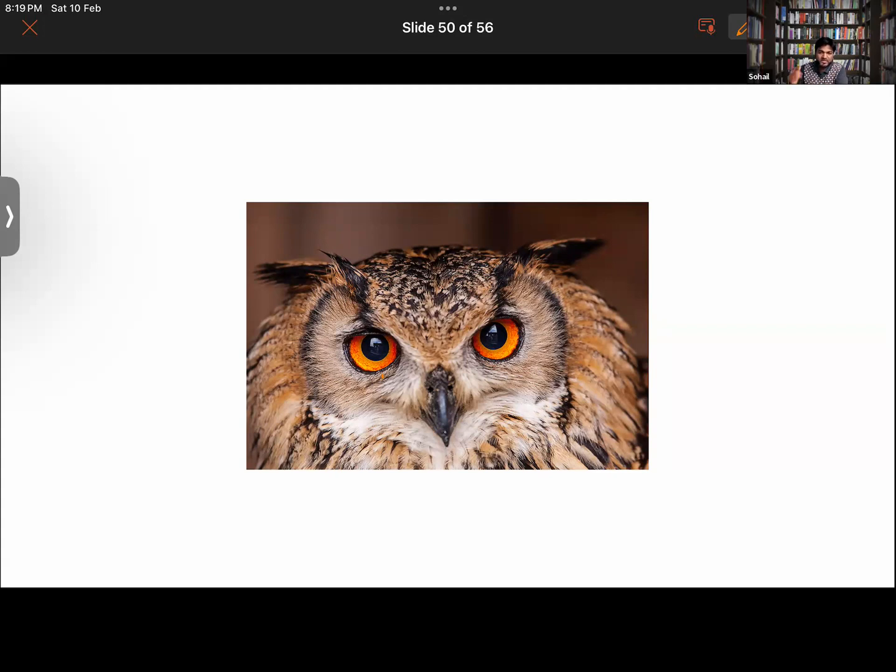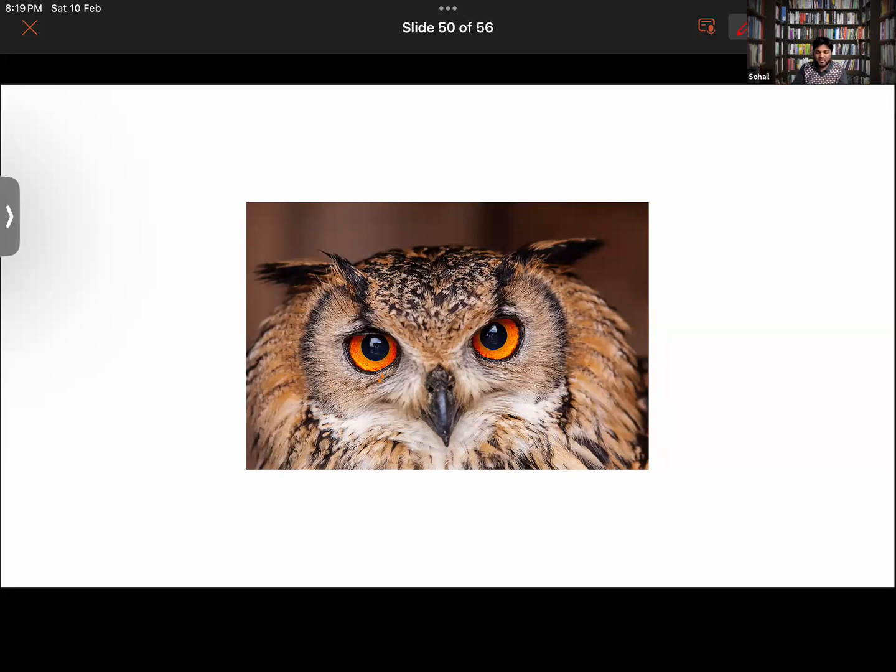Pupil, you guys understand, the black dot that you see here, that is the pupil. They have got very big eyes, very large cornea and a large pupil that will be allowing maximum amount of light to enter into the eyes. So that's why during night also they are able to have a good vision.